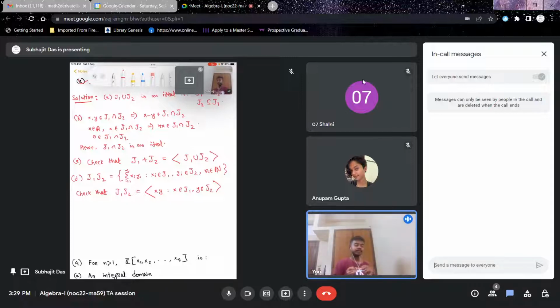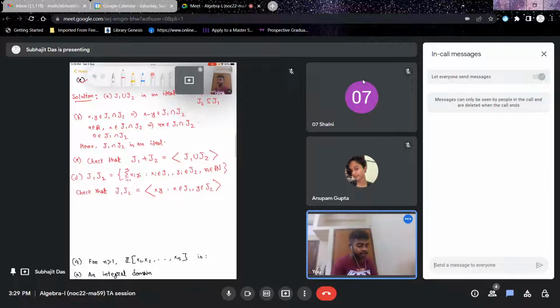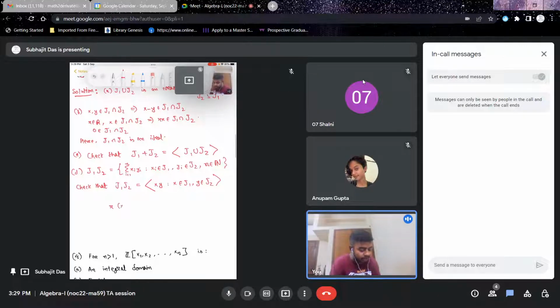Now here multiplication by ring elements doesn't matter, because suppose you take r times xy, where r is an element of your ring, then by associativity this is of the form rx times y. Since J1 is an ideal, rx is clearly in J1 and y is clearly in J2, right? So we need not bother about multiplication by ring elements. What we only need to bother about here is just sums. So you take elements xy, and elements, let's say st, where s is in J1, t is in J2.